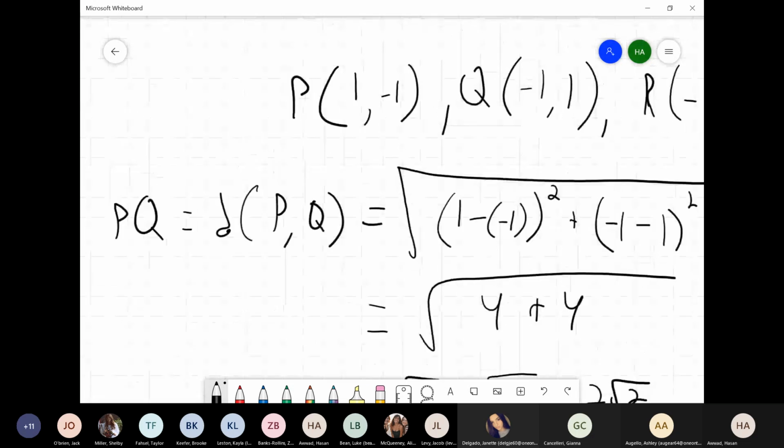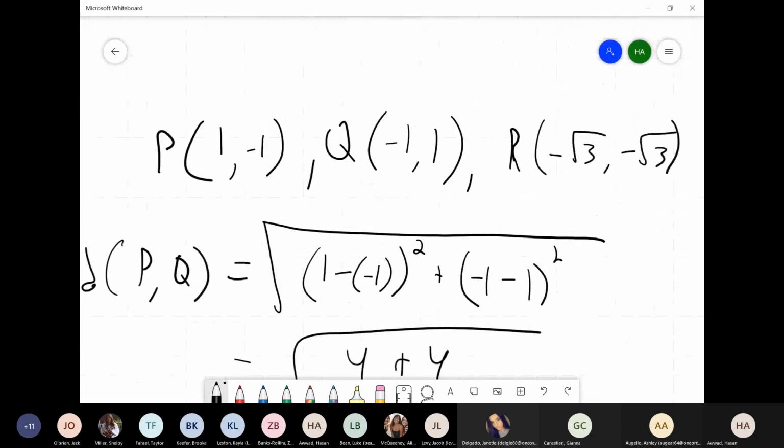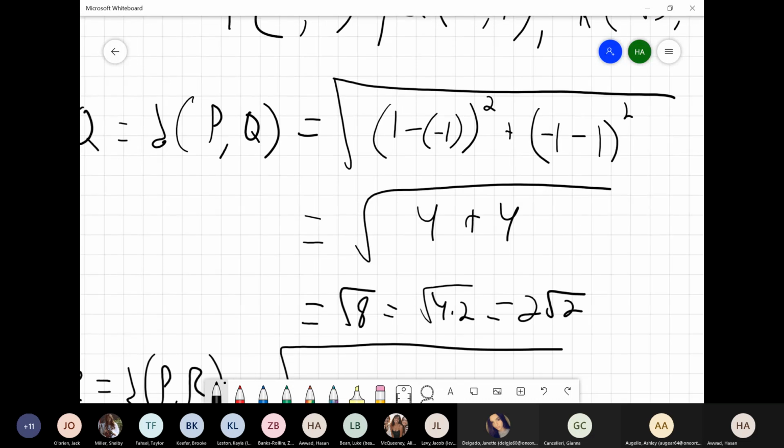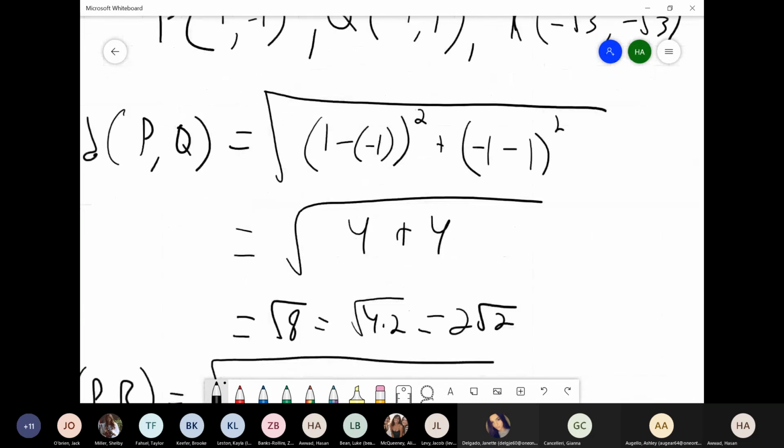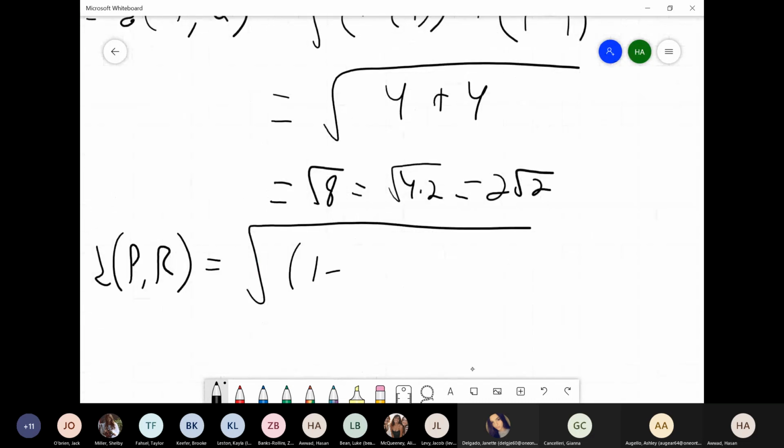It really won't matter which one you decide to go first. Once again, I'm going to pick P to go first just to make my life a little bit easier. So we have 1, and then we're starting with 1 minus the negative square root of 3 squared.